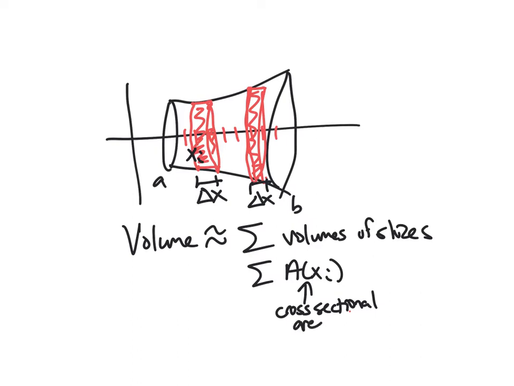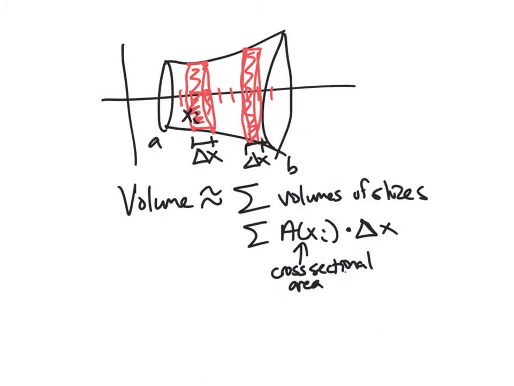But if we're doing a pyramid, for instance, we could have square cross sections, in which case this formula is going to be different, times our delta x, right? Because our area times our height, or our width in this case, since I laid this down horizontally, is going to give us volume.